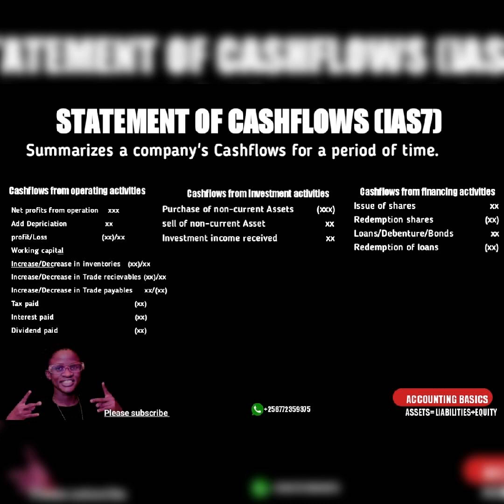Operating activities sometimes bring in cash and sometimes take out cash. Investment sometimes brings in cash and sometimes takes out cash. So we are going to look at how each brings in cash and how it takes out cash, and also at financing activities, how they bring in cash and how they take out cash.